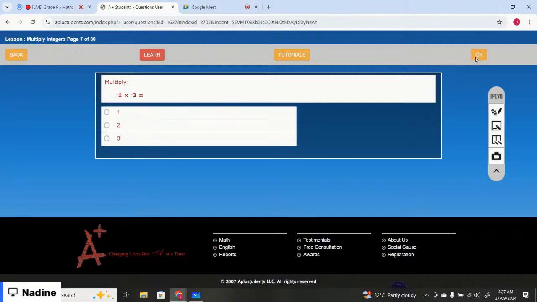The next one is negative 1 times negative 2. So, which is the correct option? That is negative 2 times negative 1, you're multiplying two negative numbers.